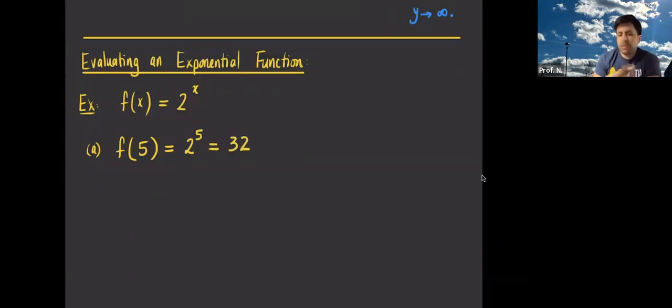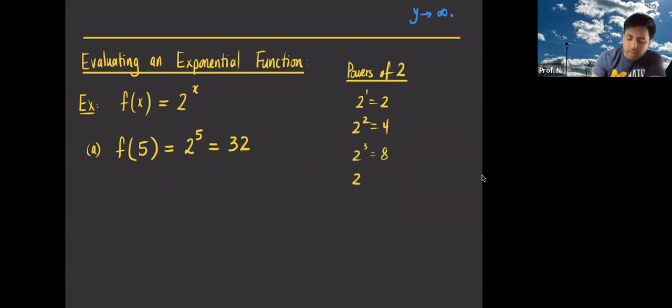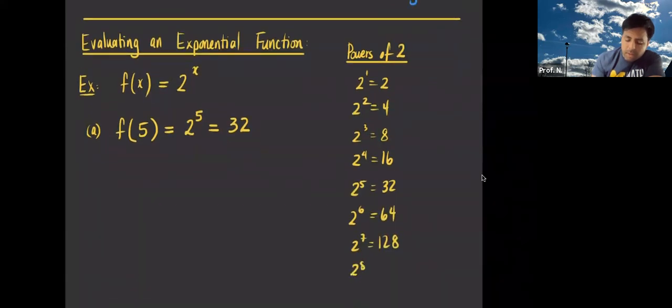32. It's always useful to know the powers of 2's. Does everybody know the powers of 2's? 2 to the 1st is 2. 2 squared is 4. 2 cubed is 8. 2 to the 4th is 16. 2 to the 5th is 32. 2 to the 6th is 64. 2 to the 7th is 128. 2 to the 8th is 256. 2 to the 9th is 512. 2 to the 10th is 1024, and so on and so forth.